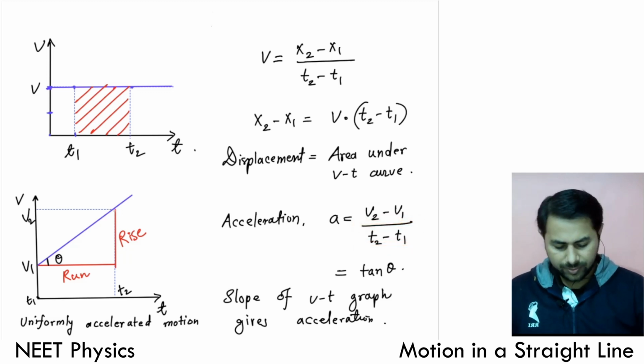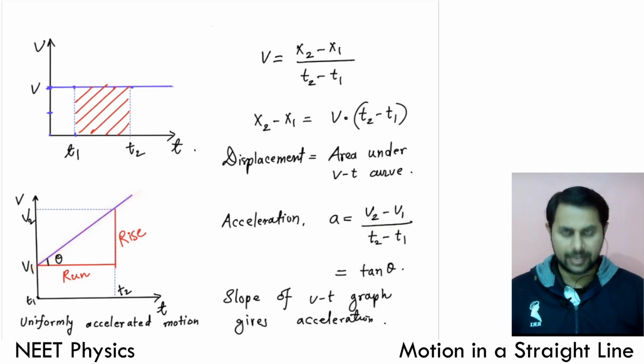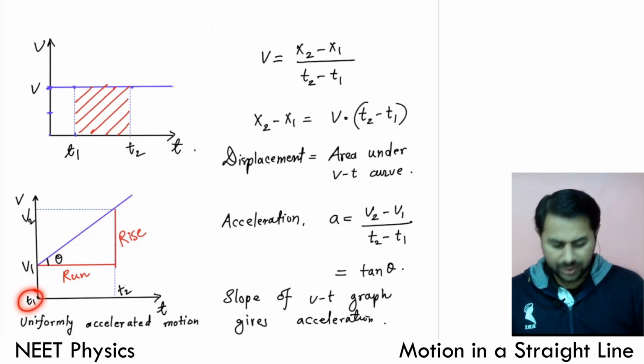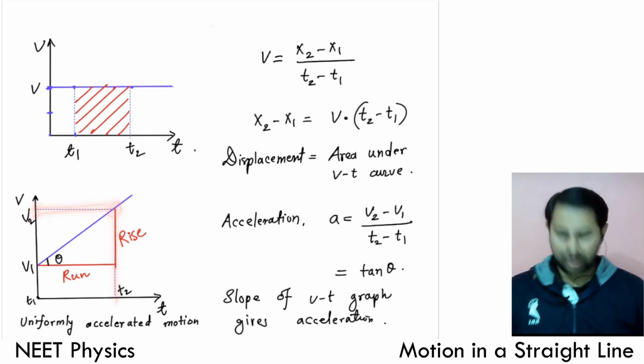So here, on the graph, acceleration will be the slope of the velocity versus time graph, because if this is time t1, this is time t2, this one is the velocity at time t1, and this one is the velocity at time t2, v2.